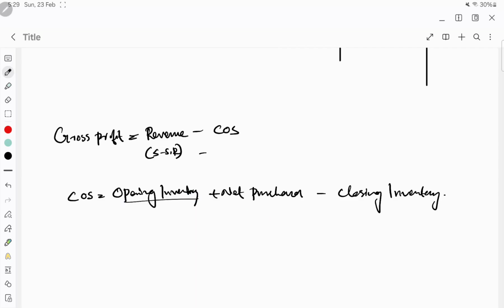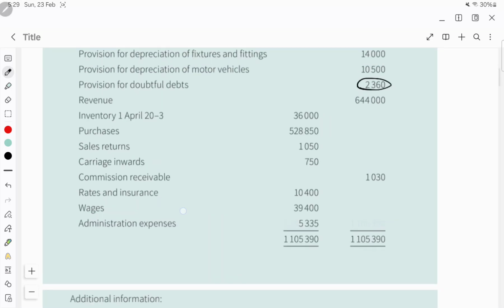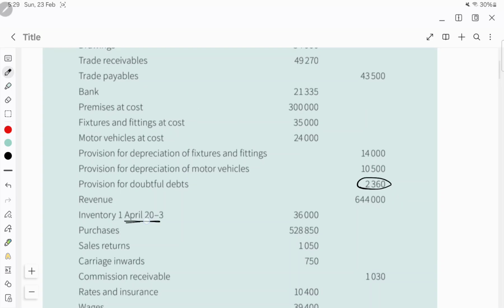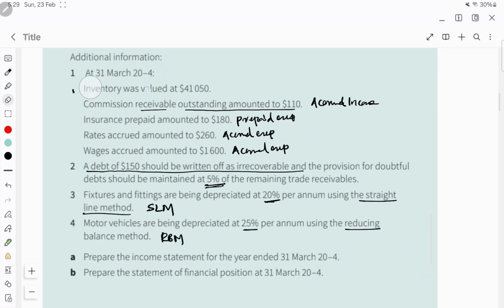We know opening inventory is already there in the trial balance: inventory on 1st April is called opening inventory. Closing inventory is in the question itself, in the additional information: inventory valued at 31st March is closing inventory.